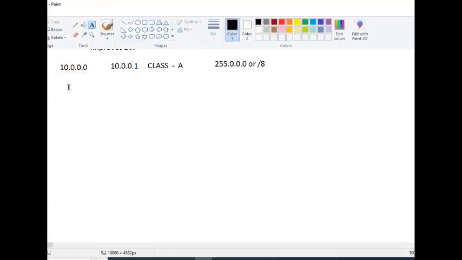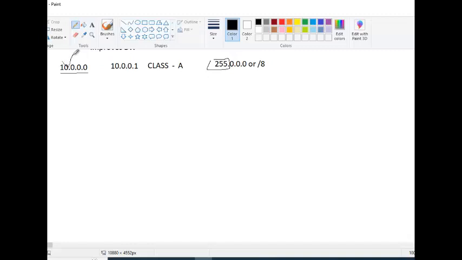So what do I understand from this? I understand that I got 8-bit 4 pairs, which is 32-bit in total. In 32-bit, only the first 8-bit is network. That's the meaning.